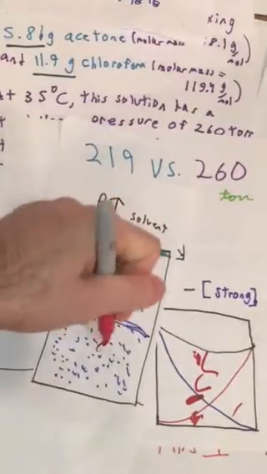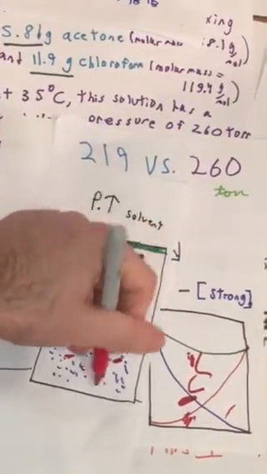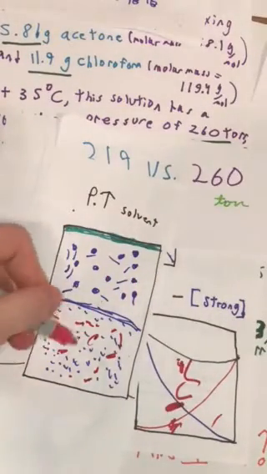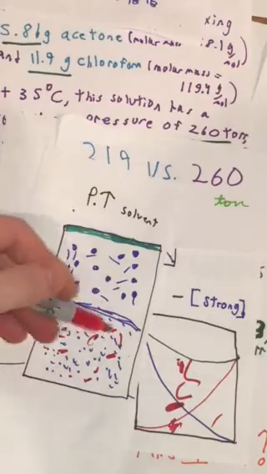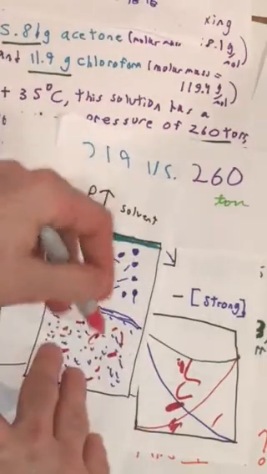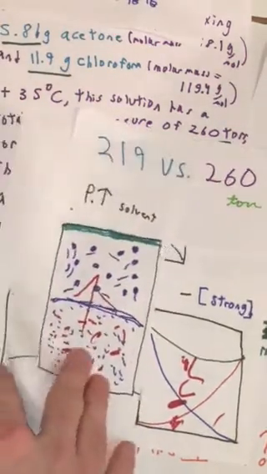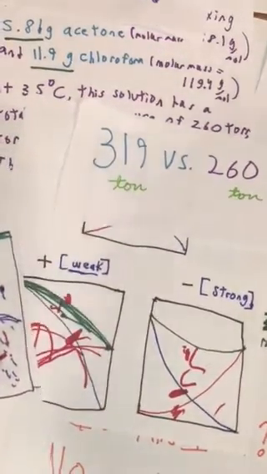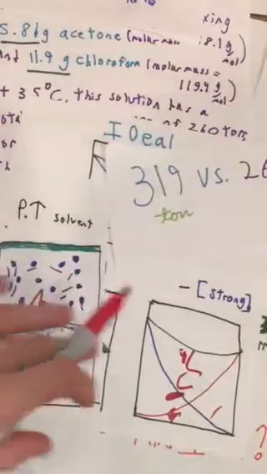Both are in there equally, we found them to be equal, 0.5 mole fraction. They are not going to want to release into the gas phase. They're really strongly bound. They don't want to evaporate.